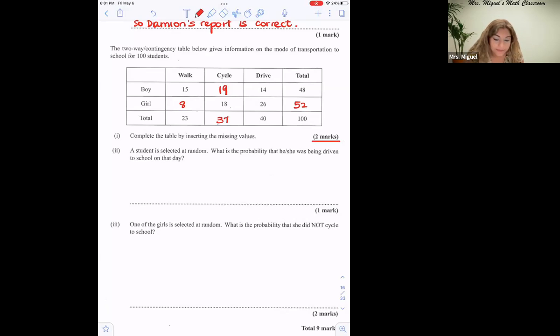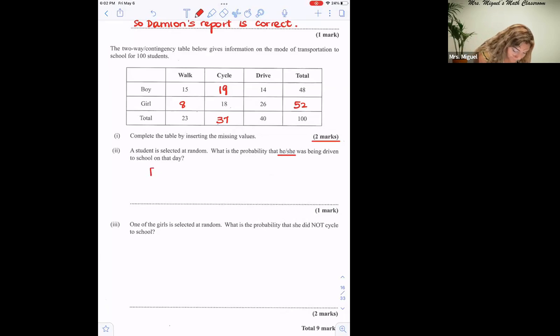A student is selected at random. We want the probability that he or she was being driven to school on that day. So they did not tell us if it was a boy or a girl. They said he or she.